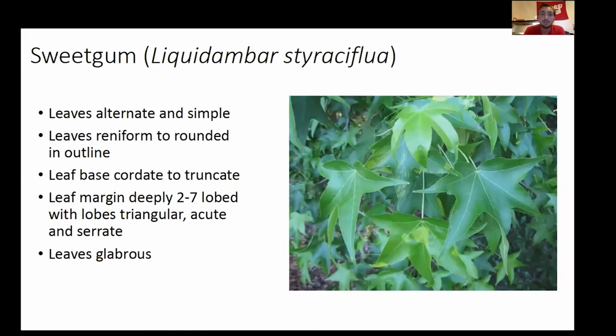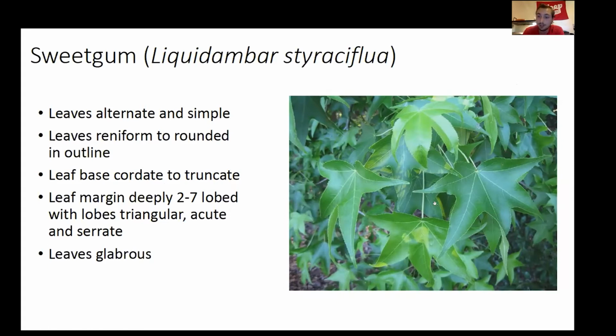For our Sweetgum, our leaves are also alternate and also simple. It also has a reniform shape. If you were to fill in the sinuses here too, they would be a nice rounded or kidney shape. The leaf base is also cordate to truncate. The leaf margin can be 2 to 7 lobed, very deeply too.